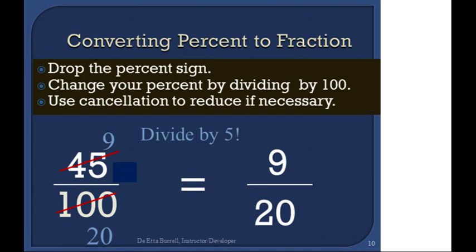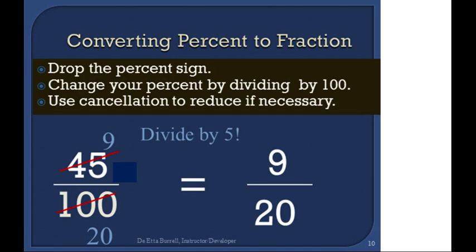And if I reduce by 5, 5 goes into 100 20 times, and 5 goes into 45 9 times. So my fraction is 9/20ths. And I can't reduce that, right? There's no factor that goes into 9 and 20 evenly other than 1. And when it's 1, I'm done.